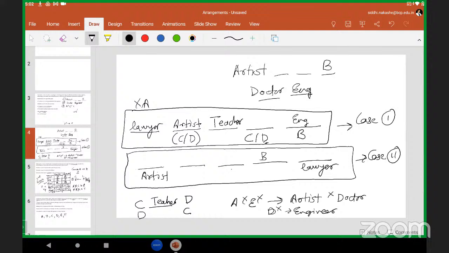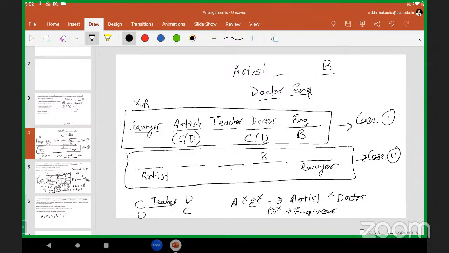That means C is an artist. Again, what else is remaining? So this will be nothing but doctor. D will be doctor. Fine. But again, if C is over here, then D will become an artist. So D will become an artist, C will become a doctor, and the rest B will be an engineer.